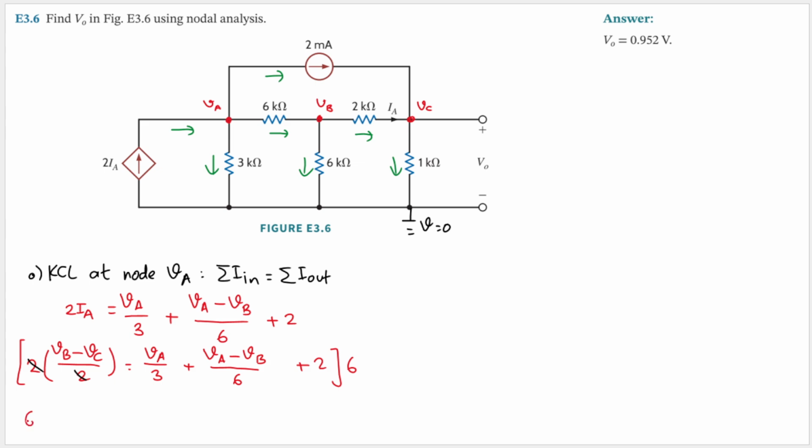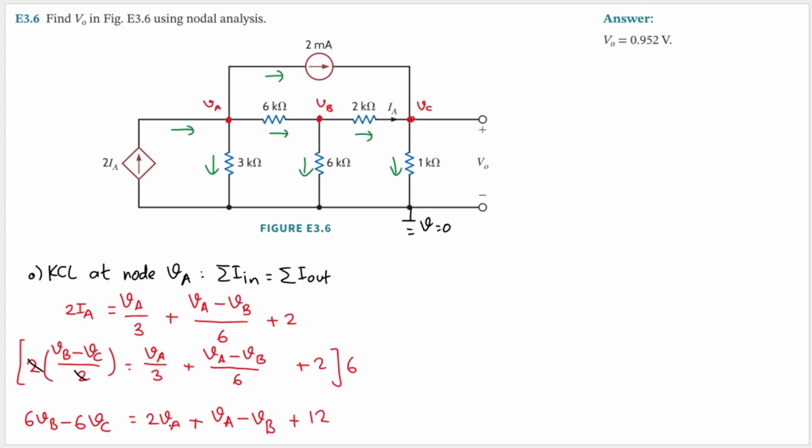So we'll have 6VB minus 6VC here, and that will equal 2VA plus... no, not 2VA. The 6 and 6 will cancel out, so we'll have VA minus VB, and then plus 2 times 6 becomes 12. Good.